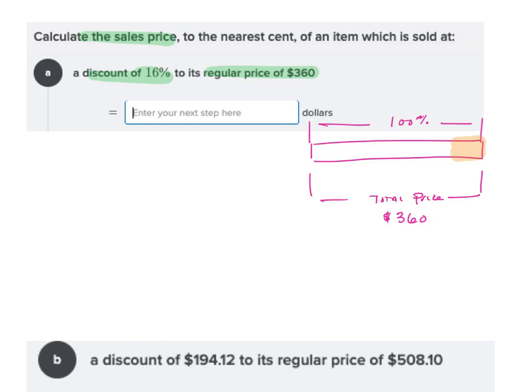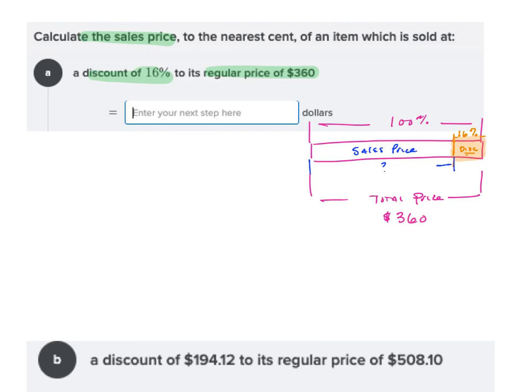So what that means for us is we're going to get 16% taken off here. And so now the real question is, what's our sales price? Because remember, our discount is here in this shaded area. Our sales price is what we wind up paying, and we want to know what that is.